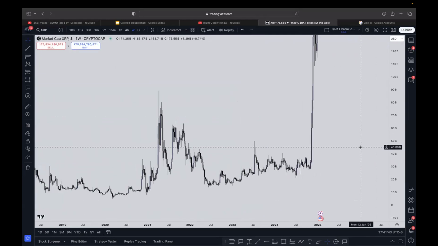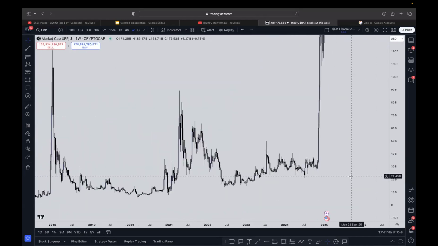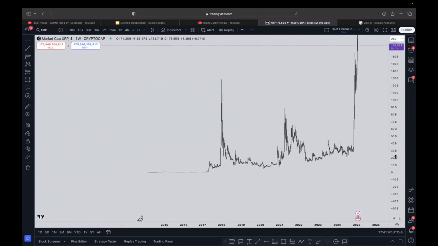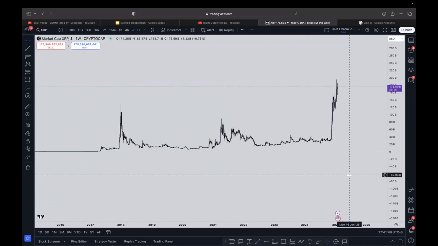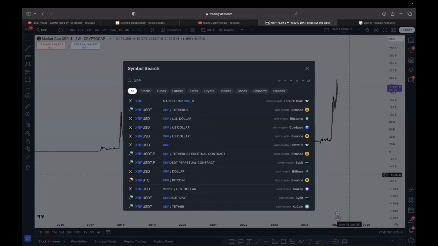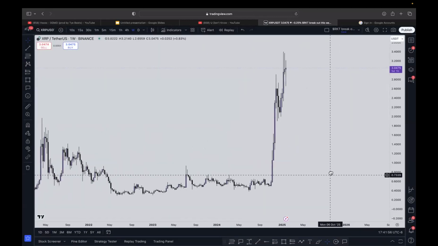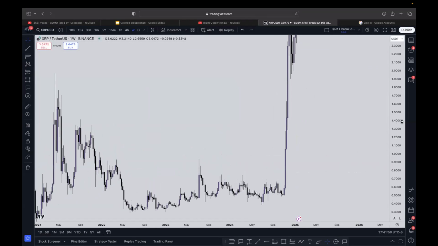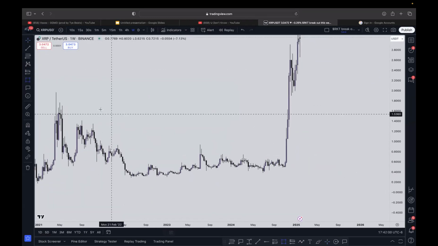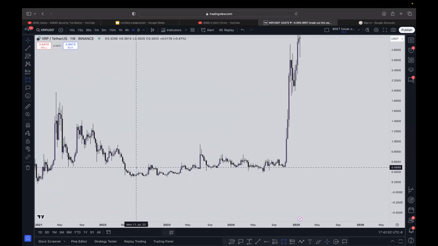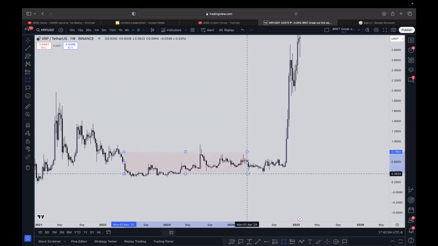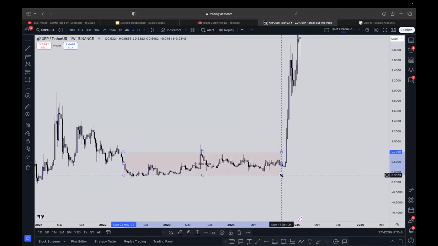So crypto's a little different because we'll have long periods of consolidation. Oh, this is a market cap. Yeah, so a lot of this stuff, consolidation simply just means price moving in the same area. So all of this would be considered consolidation.